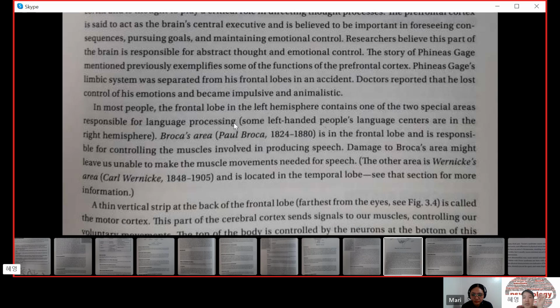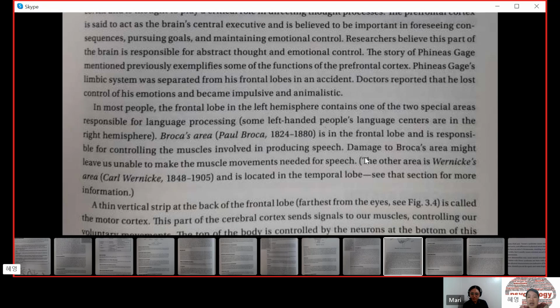Some left-handed people's language centers are in the right hemisphere. It is almost like a cross. And there is Broca's area in the frontal lobe, which is responsible for controlling the muscles involved in producing speech. So damage to Broca's area might leave us unable to make the muscle movements needed for speech.